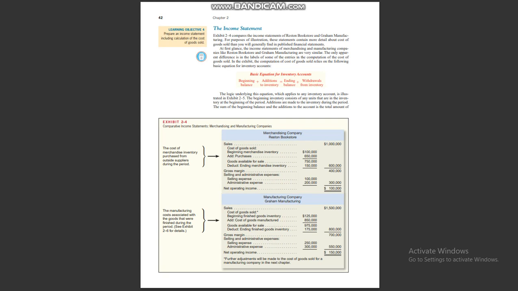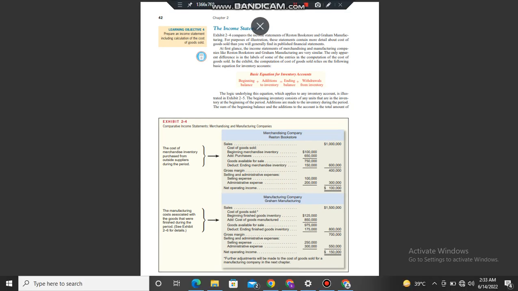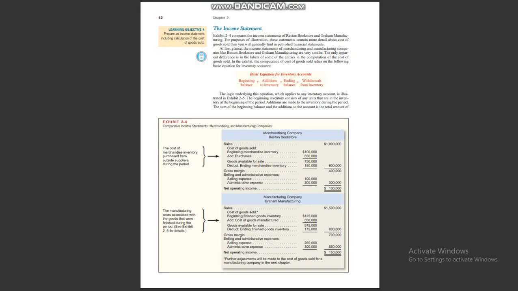The income statement. The cost of machinery inventory purchased from outside suppliers during the period. Sales 1 million.